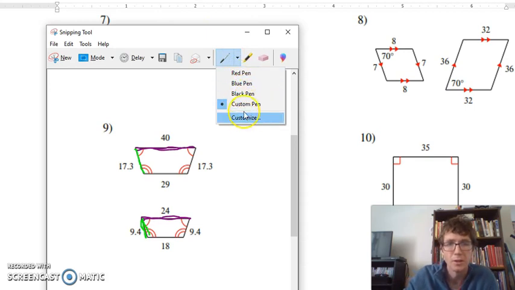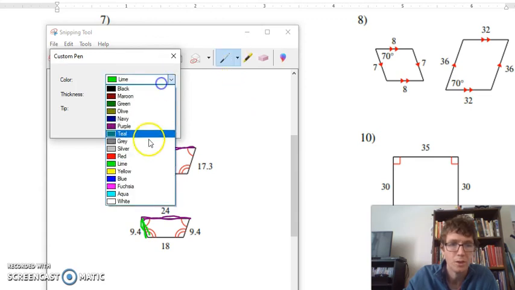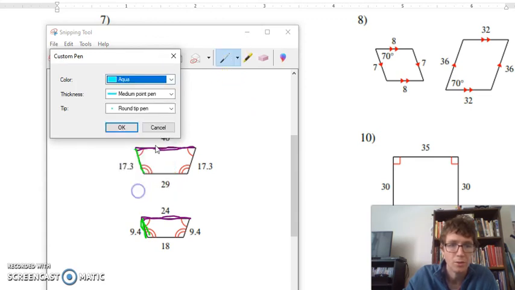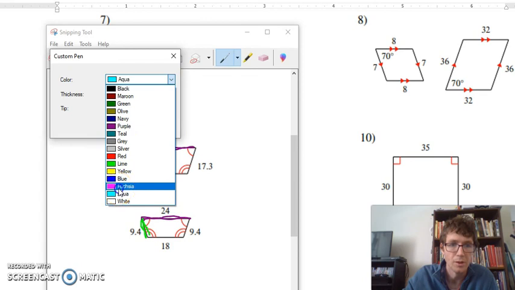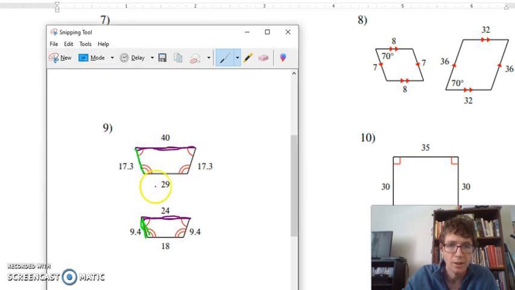And this 29 corresponds to the 18. So if these are similar, then the relationship of 40 to 24 has to be the same as 17.3 to 9.4, which is the same as 29 to 18.